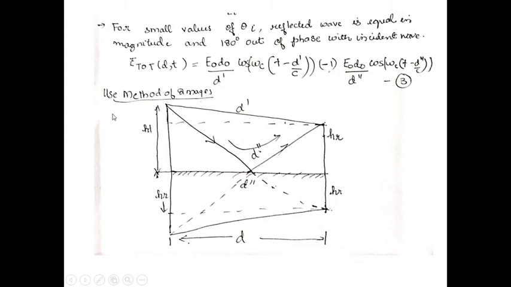So first, by using the method of images, let us find the path difference between both components, that is the direct line and the reflected. We are going to extend this diagram, fold it over the x-axis and use the method of images to find the path difference.